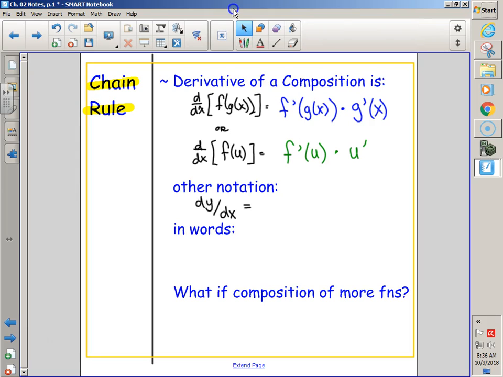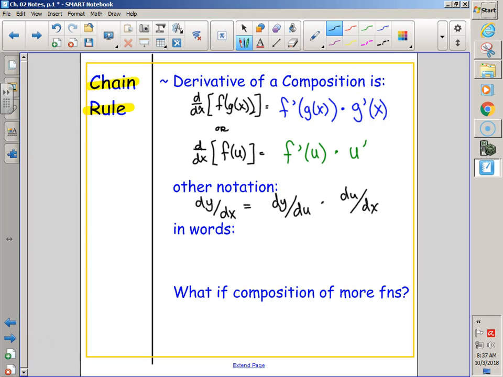The other notation is what we saw as to why the rule has to be what it is, considering the outer in terms of U, and considering the inner in terms of X. This lets us break it down and remember why we have to go the U prime, this extra inside prime.